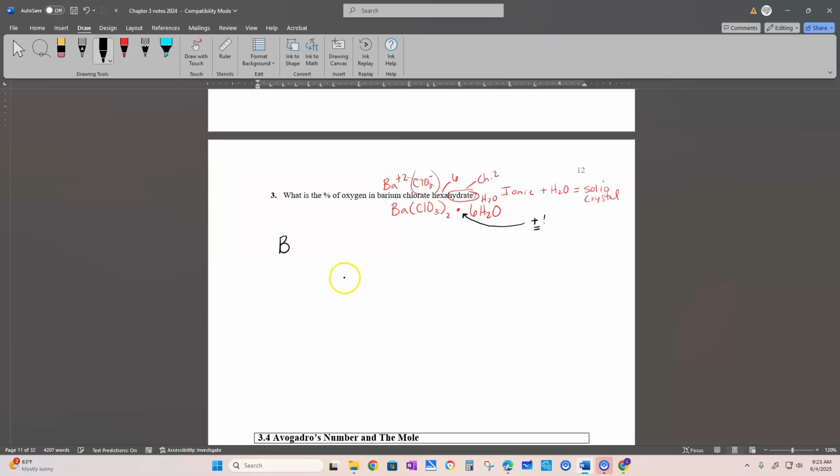So Ba, I see 1. Chlorine, because of the parentheses, I see 2. And for the oxygen, 3 times 2 is 6. And I'm going to give myself some space. And then the water, I'm going to say 6 and then times that molar mass. Okay? So with oxygen, 16.0.